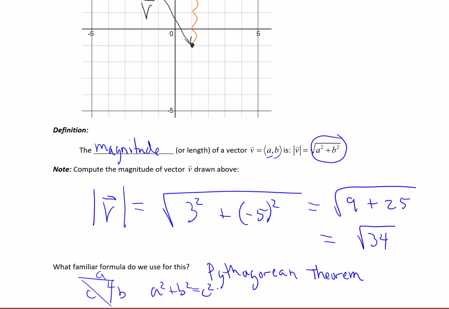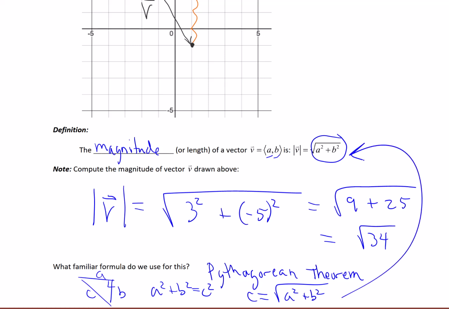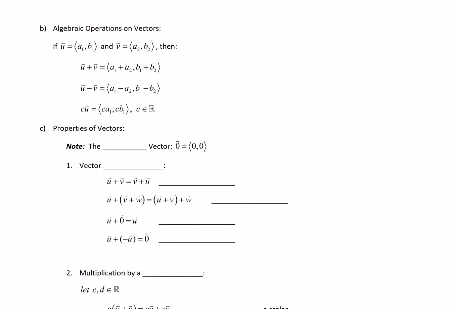And if you're solving for c, which would be the magnitude of the vector, the hypotenuse side of this right triangle, then you would take the square root of both sides and end up with c equals the square root. Of course, we use the positive version of it if we're using a distance instead of using a plus or minus. We'll say then c equals the square root of the other side, which is simply a squared plus b squared. Well, guess what? That's exactly what this definition or formula for the magnitude of a vector in component form is. That's exactly where it's coming from, just the Pythagorean theorem.